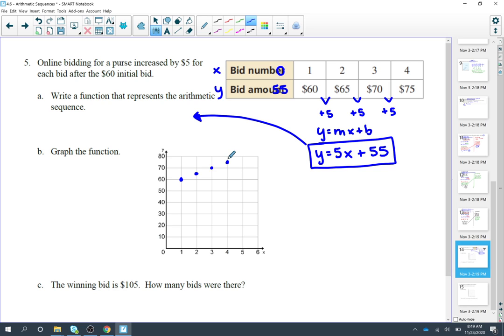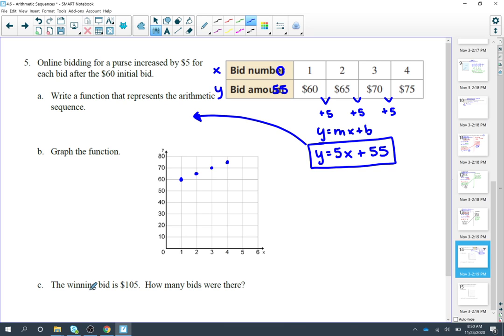Now, I'm not going to connect these dots, and the reason is because in my head, this is discrete data. Discrete means there's no bid for $61 or $62 or $63 because it's going up by $5 increments. So the next bid has to be on a $5 increment, so I'm going to leave it like that.